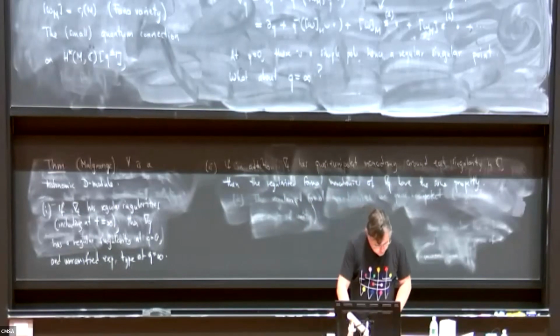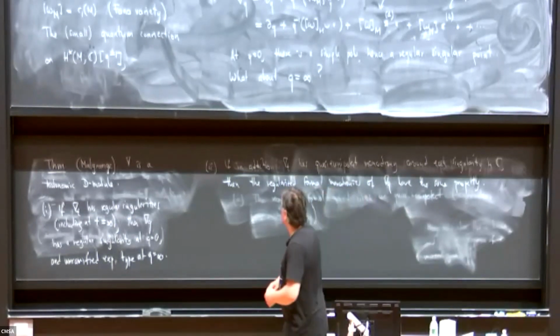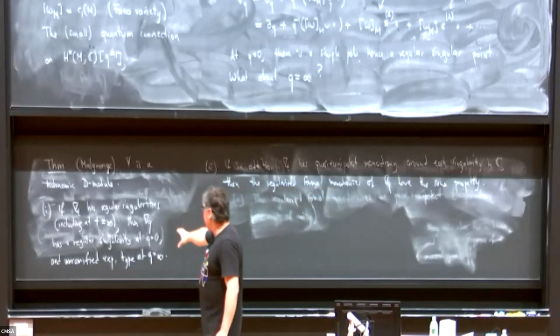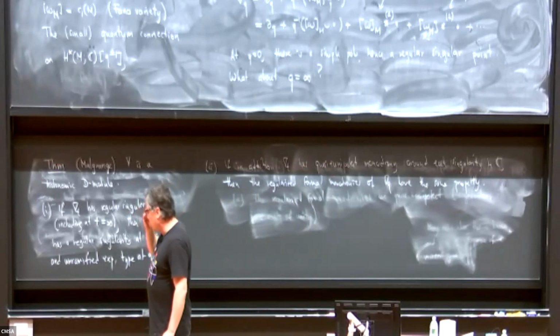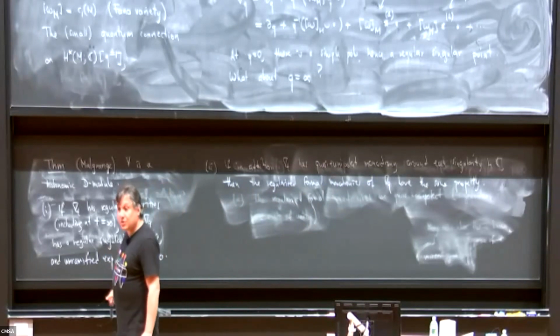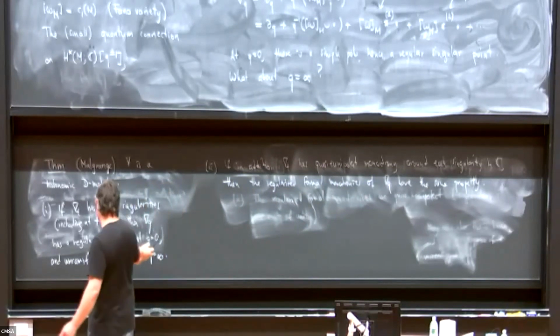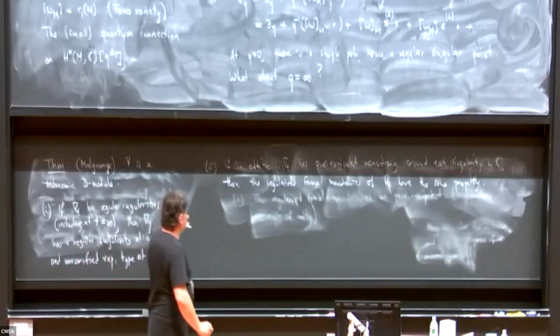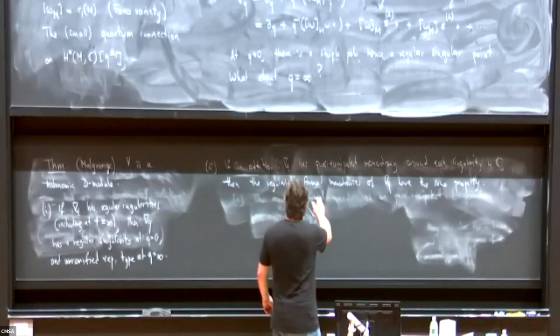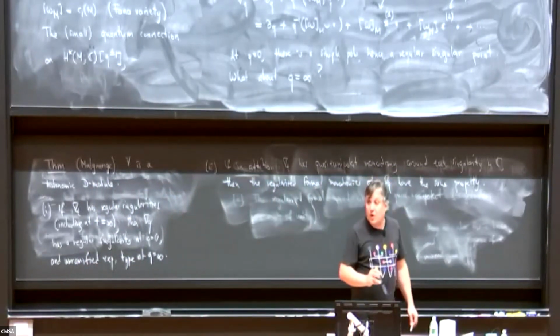Okay, so this gives us the strategy for thinking about this, right? So these properties that we have in Q are exactly the properties that we wanted the quantum connection to have. We know it has a regular singularity at 0. We wanted it to have unramified exponential type at infinity. And we wanted these regular formal monodromies to be quasi-unipotent.